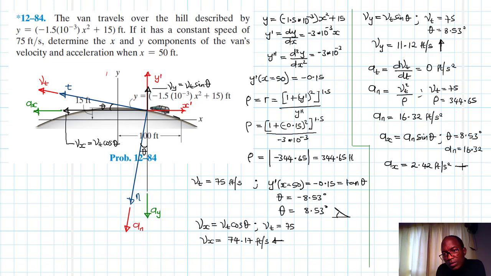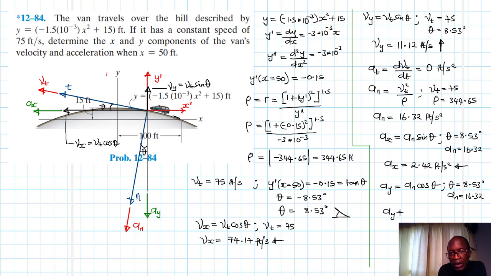It's like so. Okay, and then we have ay, which is equal to an cos theta, where theta is equal to 8.53, and an is equal to 16.32.